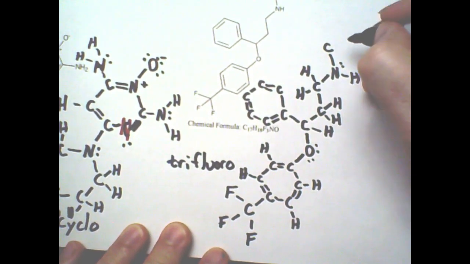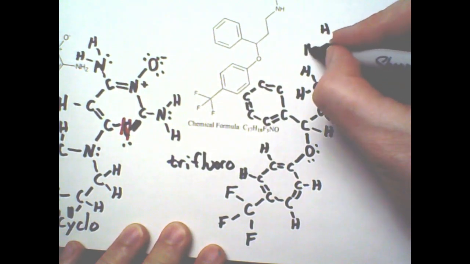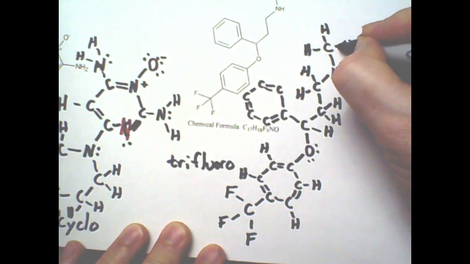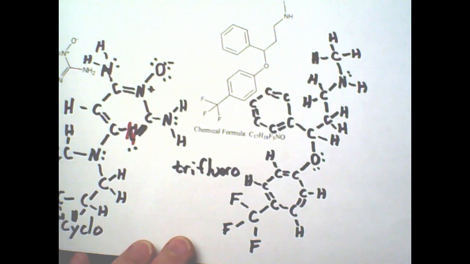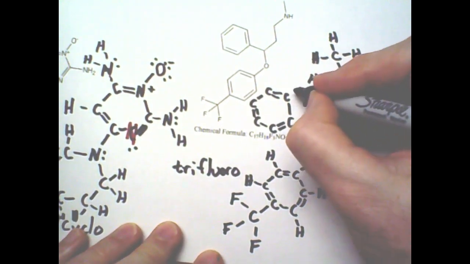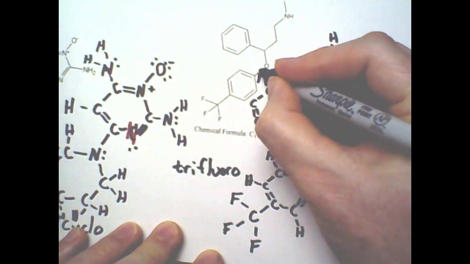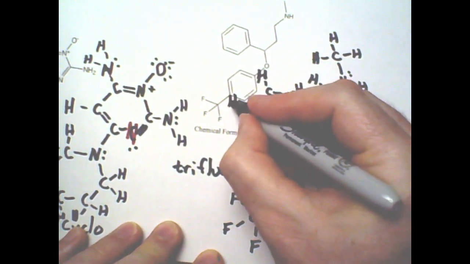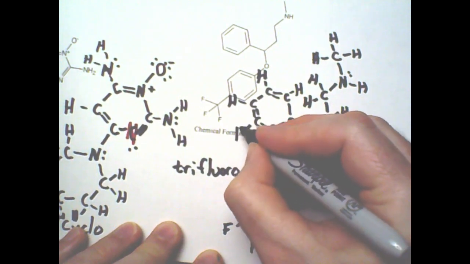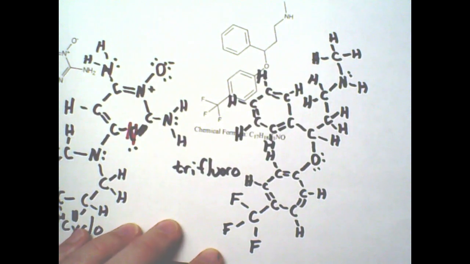This will have 2. And 1 to each of these around the second aromatic ring.